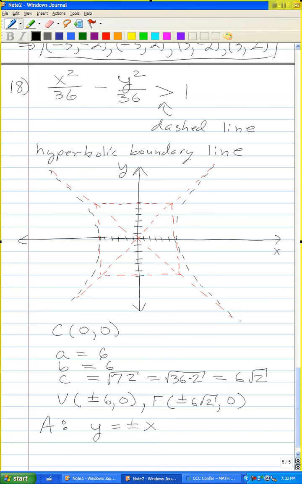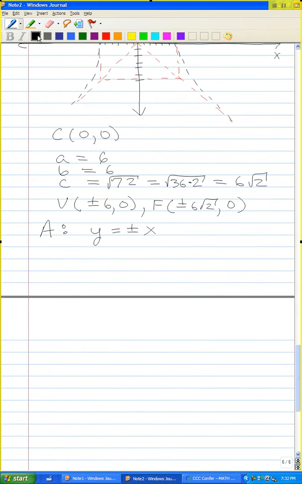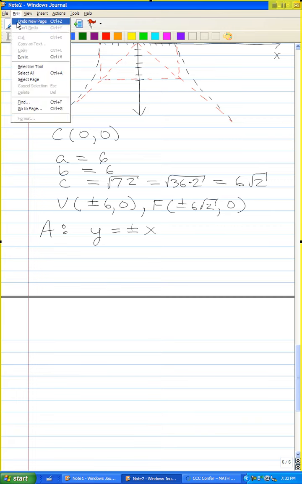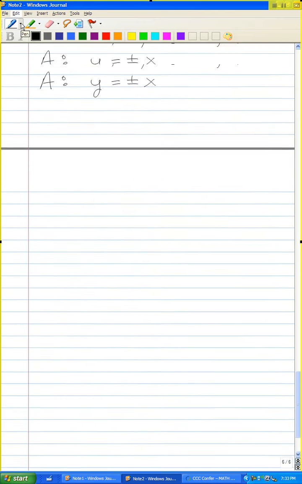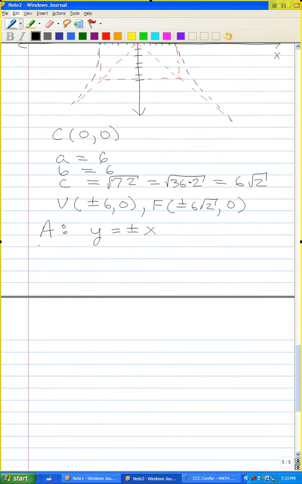Okay, so now I've got to figure out where to shade. Let's check at the origin.